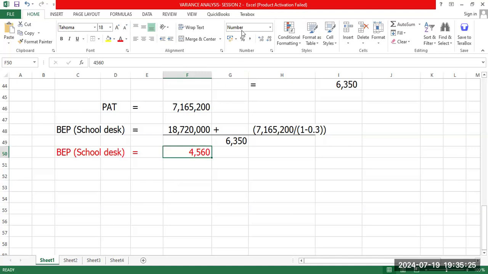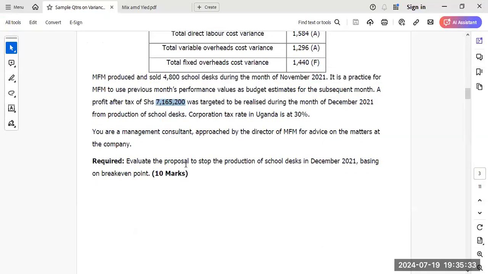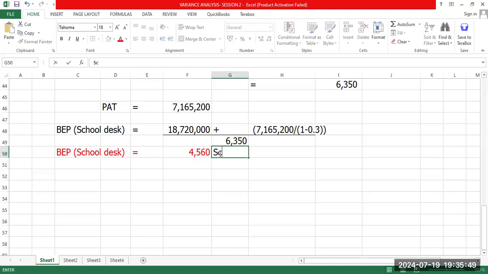Now, the question would be, are you going to advise these guys to continue producing school desks? Because now we have calculated our break-even point, and we see that our break-even point is this many school desks.